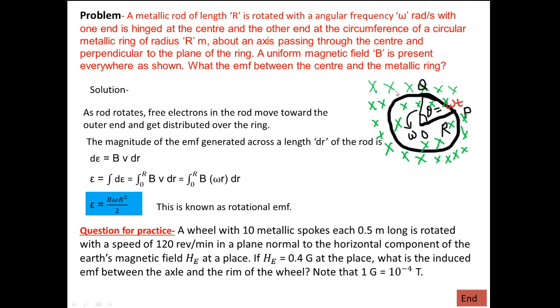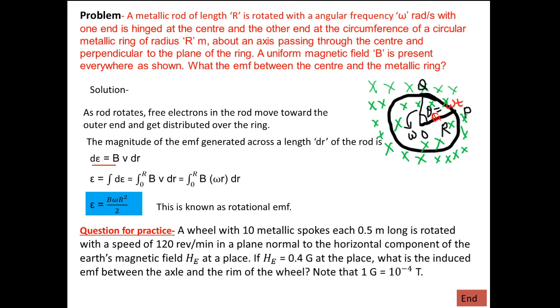As the rod rotates, free electrons in the rod move towards the outer end, as we have seen earlier, and get distributed over the ring. Consider a small length dr of the rod, which is moving with velocity v.